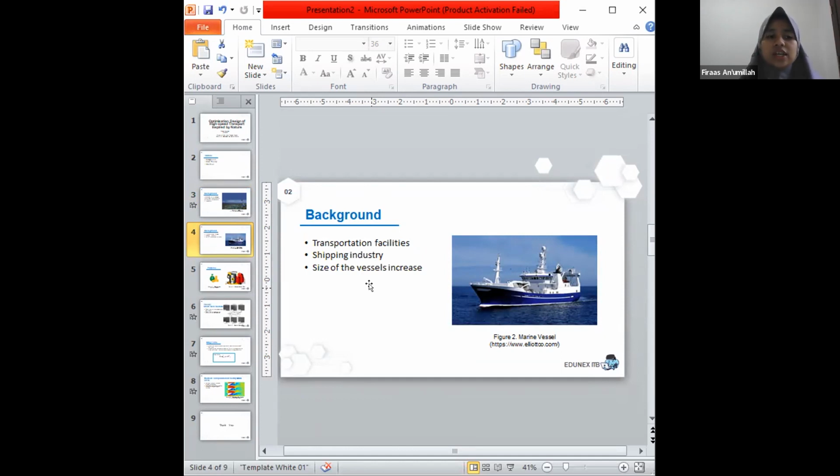The escalation in vessel size decreased both fuel and capital cost per cubic capacity. And then reducing the resistance may help in improving cruising speed and reduce fuel consumption as well.